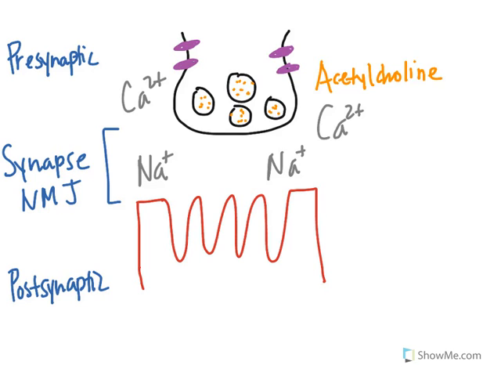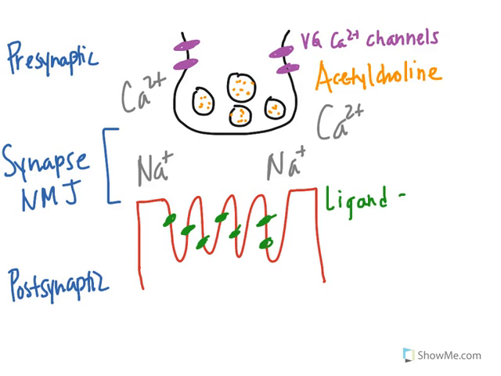So on the neuron, in purple, we have voltage-gated calcium channels. And then similarly, on the muscle cells, we have what are called ligand-gated sodium channels, which are also closed when the cell is at rest.